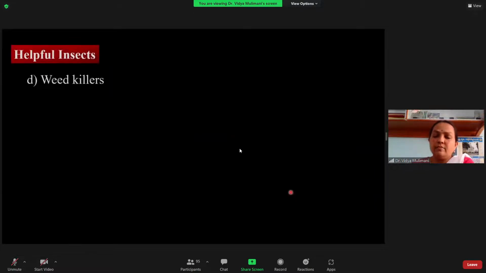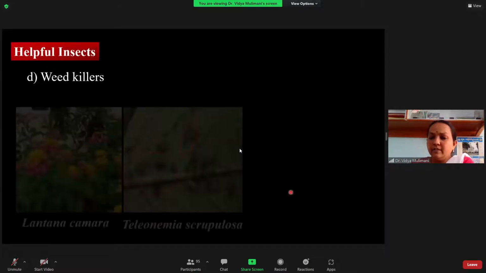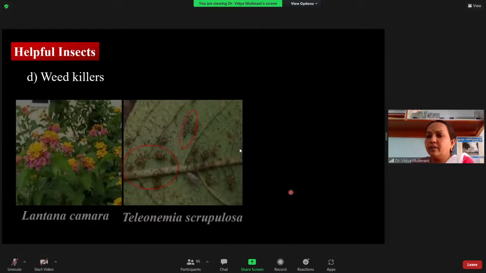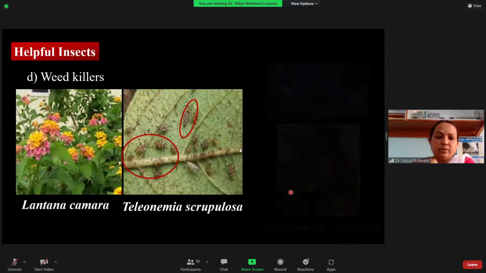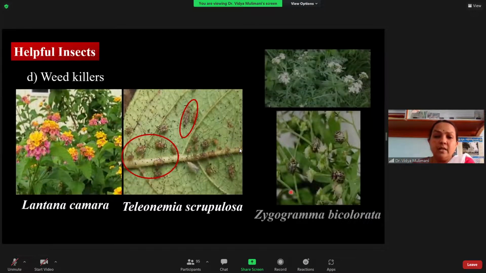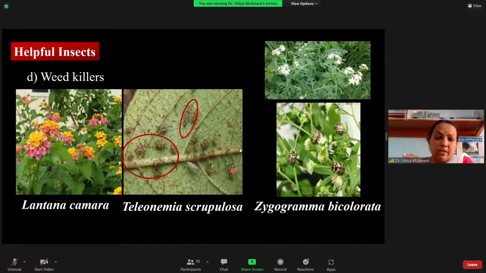The next is the weed killer. Whenever there is a weed killer, for everyone in NSS, I think so, if you are done, it is mainly Parthenium. Every year in the month of August, you have a Parthenium day. Why are we selecting August?